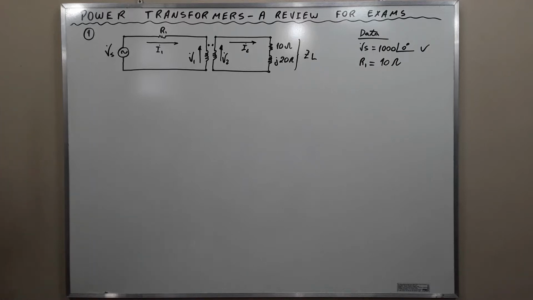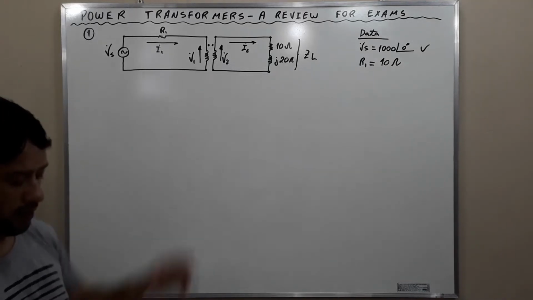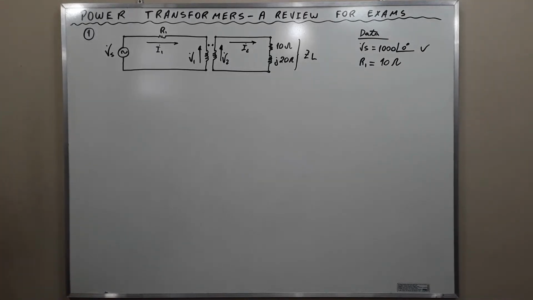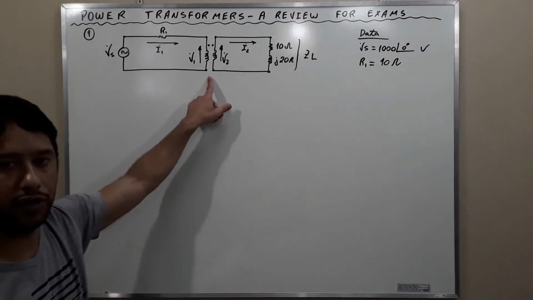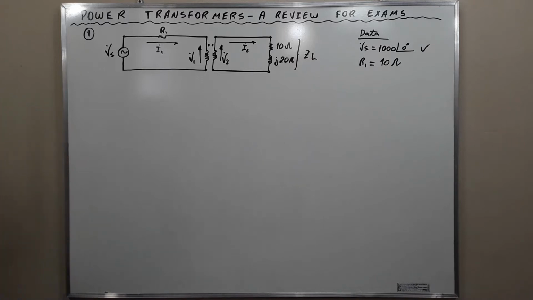When we are requested to consider a transformer as ideal, it means there will be no losses in the machine. So let's calculate all the voltages and the currents and the power delivered to the load.